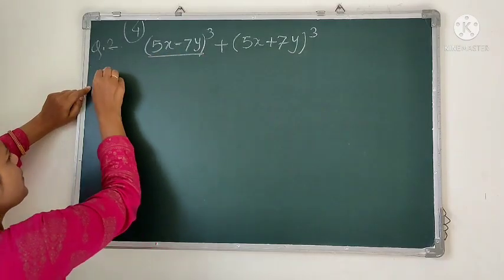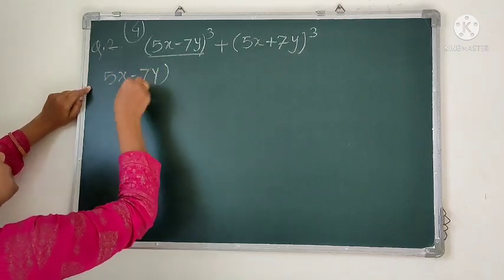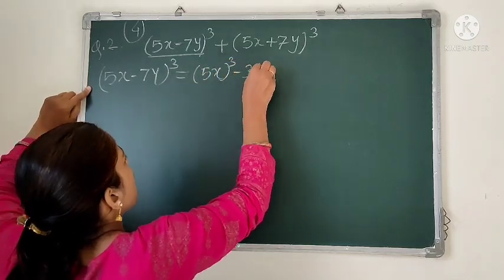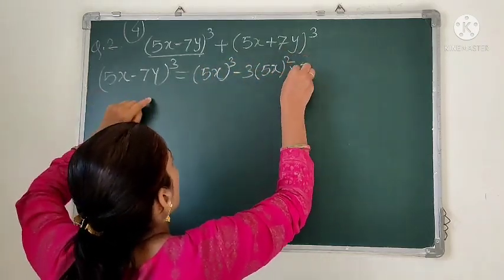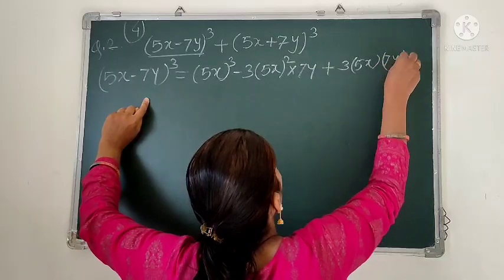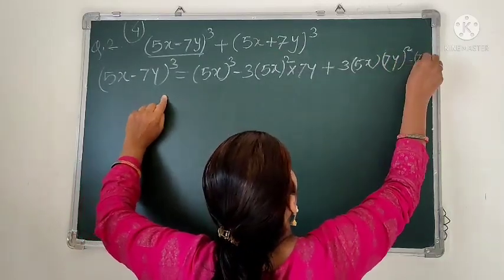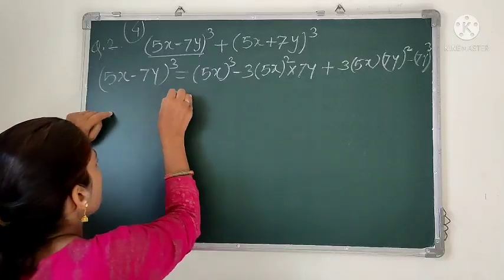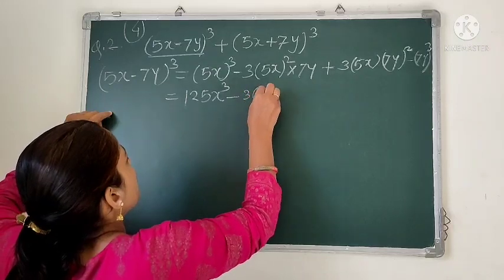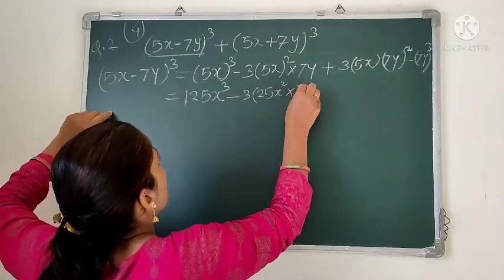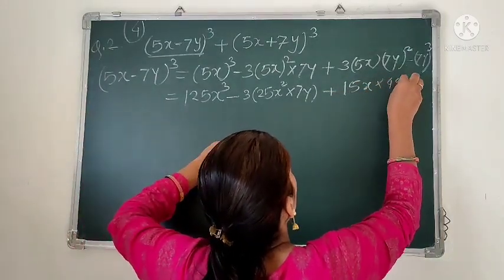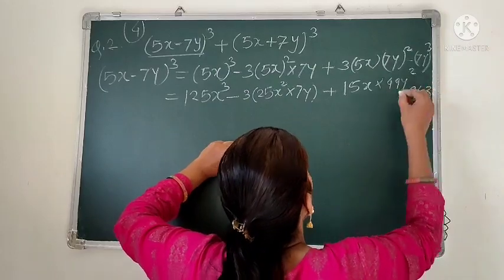We will do the expansion of (5x - 7y) cube. (5x) cube, 3 into (5x) square into 7y plus 3 into 5x into (7y) square minus (7y) cube. 125x cube minus 3 into 25x square into 7y plus 3 fives are 15x into 49y square minus 343.